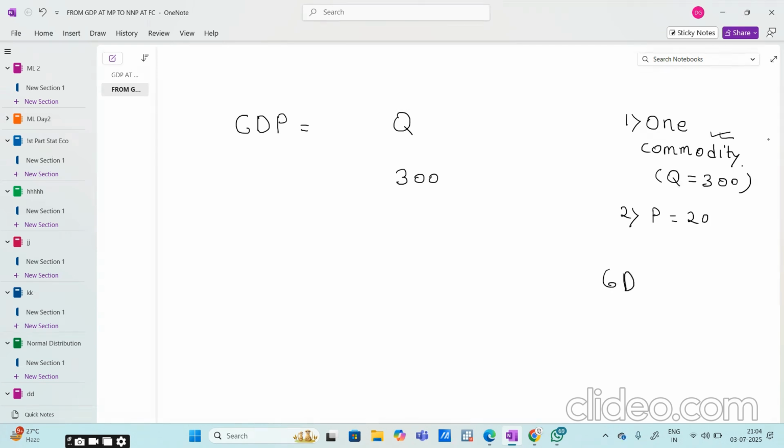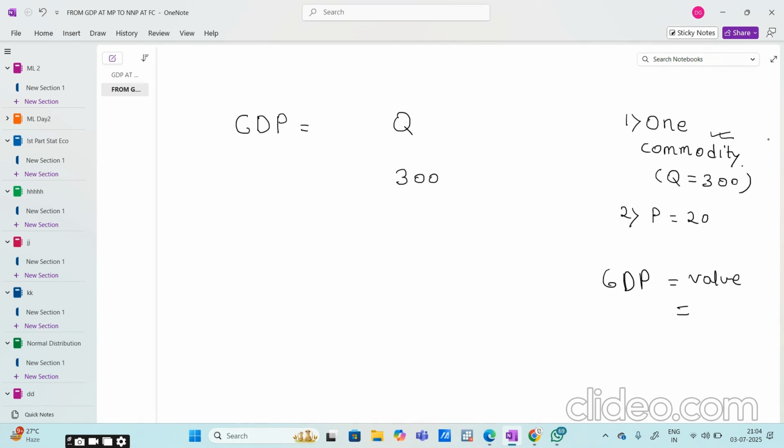So what will be our GDP? In that case our GDP is nothing but the value of all the final goods sold in the economy in a financial year. So how to find out this value?